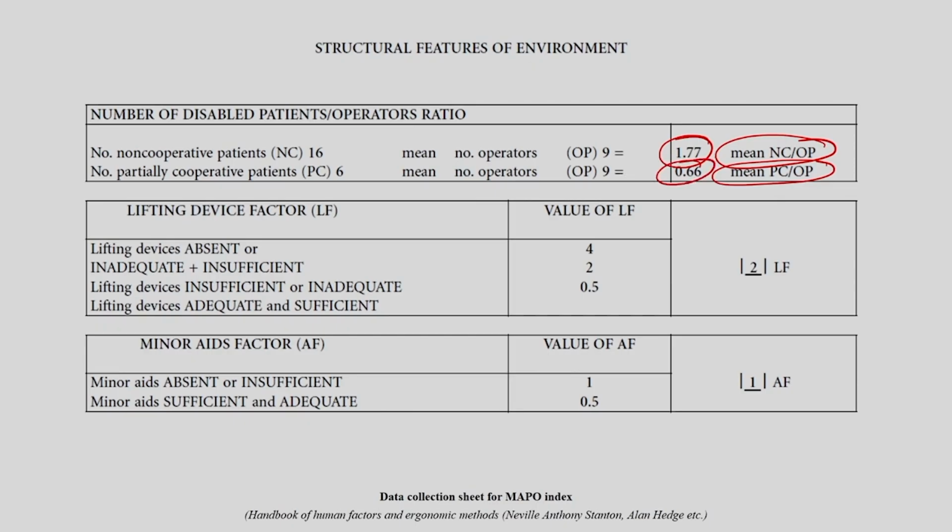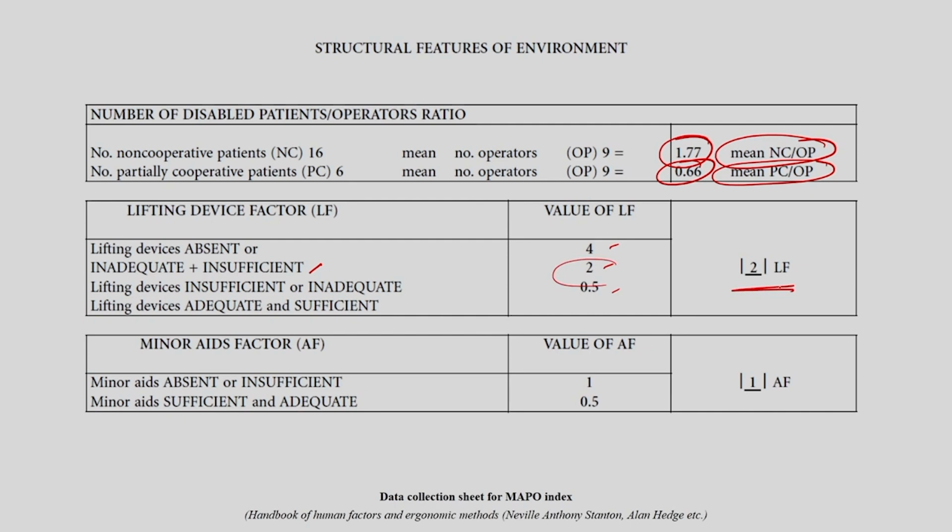Then the lifting device factor, you have different sections: 4, 2 and 0.5. In this particular case it is inadequate and insufficient, so here you will get the value 2.